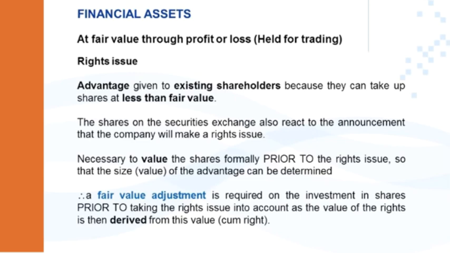Therefore, it's necessary to value the shares formally prior to the rights issue so that the value of the advantage can be determined. Thus, a fair value adjustment is required on the investment in shares prior to taking the rights issue into account, as the value of the rights is now derived from the cum rights value of the shares.